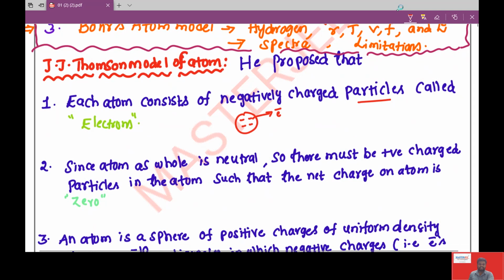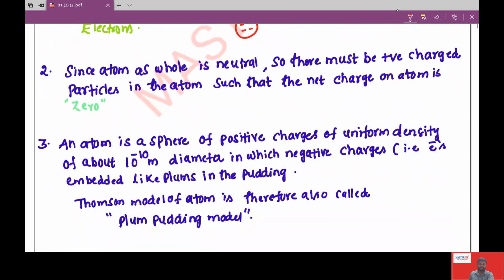Then second postulate: since the atom as a whole is neutral, there must be a positively charged particle in the atom such that the net charge on the atom is 0.